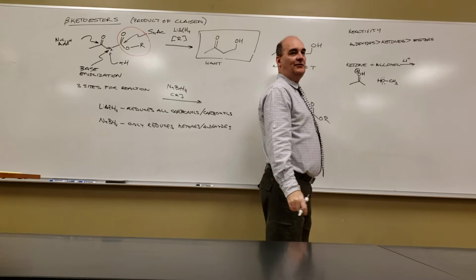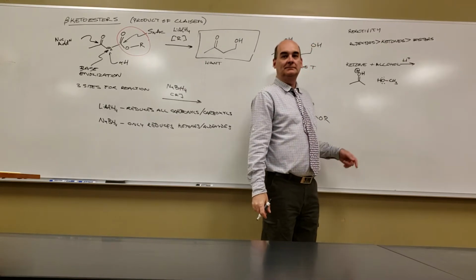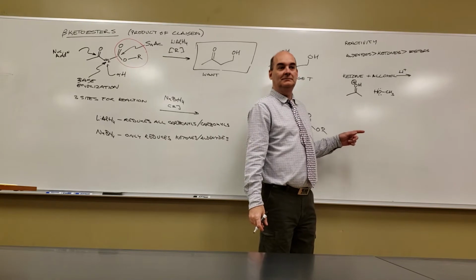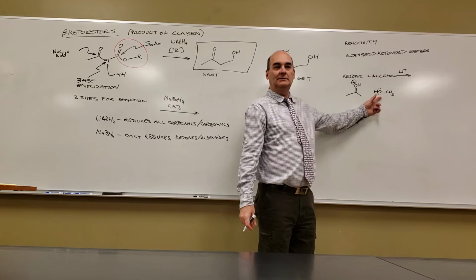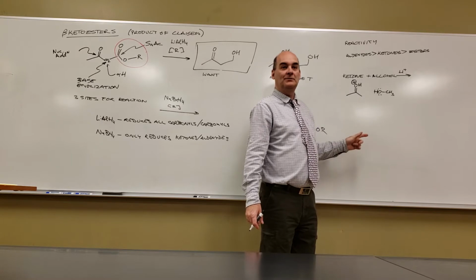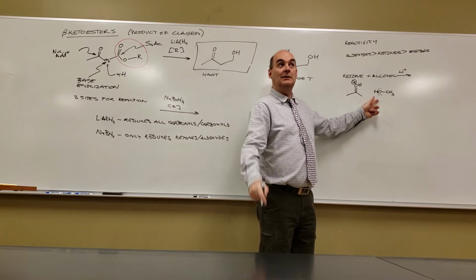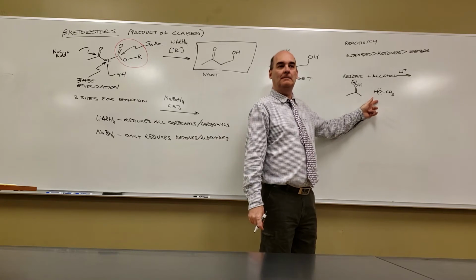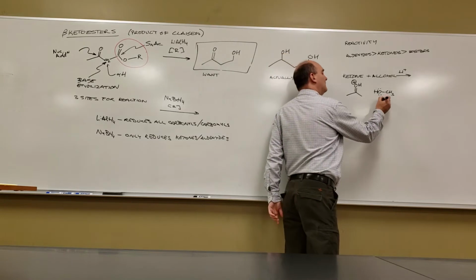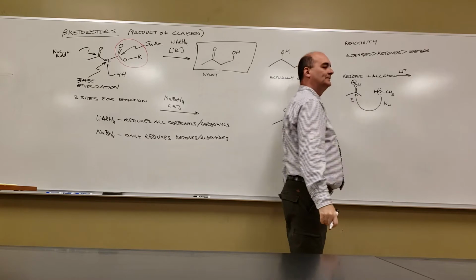Is there an electrophile in the room? Yes. Where is it? Positive charge. Is the electrophile here? No. That's a lone pair of electrons, which doesn't make it an electrophile, it makes it a nucleophile. That's where the arrow comes from. Where does the arrow go to? Carbonyl. There's my nucleophile. There's my electrophile.